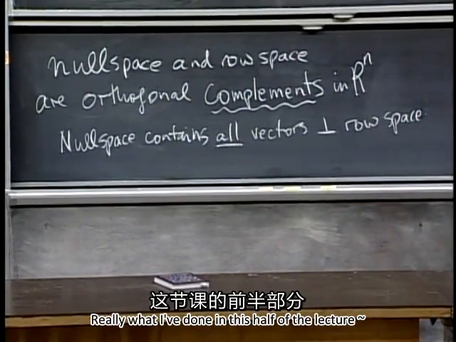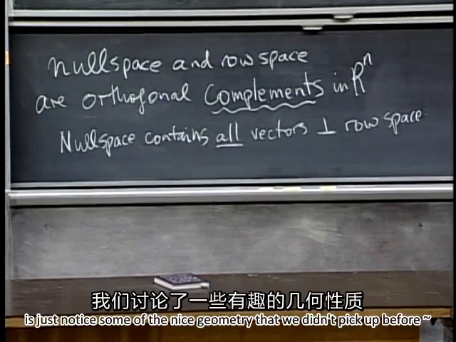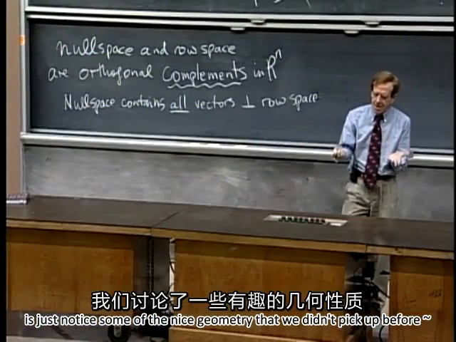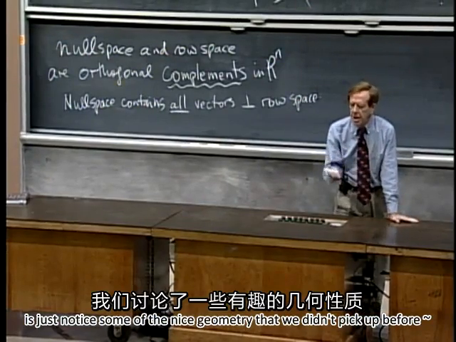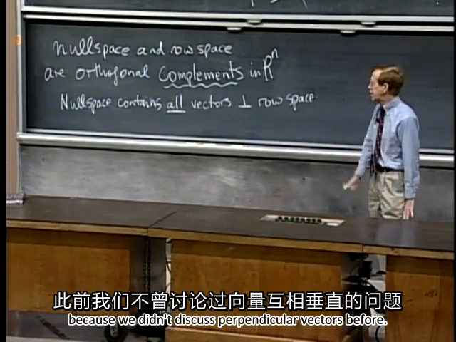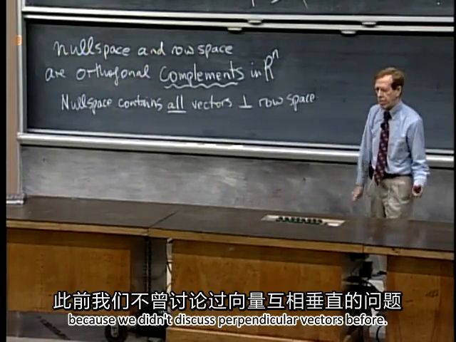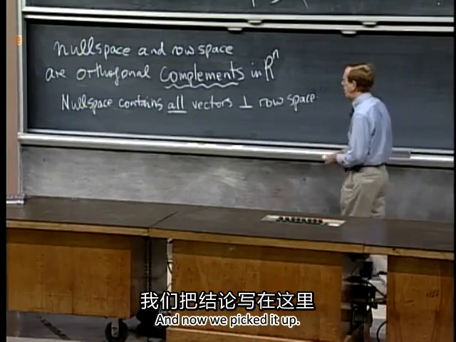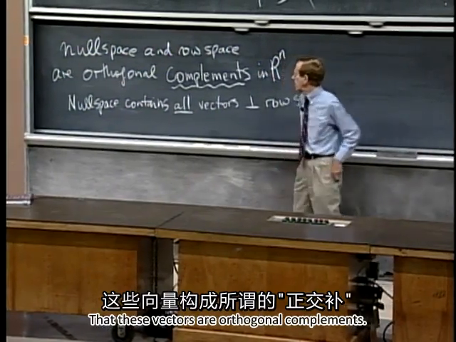Really what I've done in this half of the lecture is just notice some of the nice geometry that we didn't pick up before because we didn't discuss perpendicular vectors before. But it was all sitting there, and now we've picked it up, that these vectors are orthogonal complements.